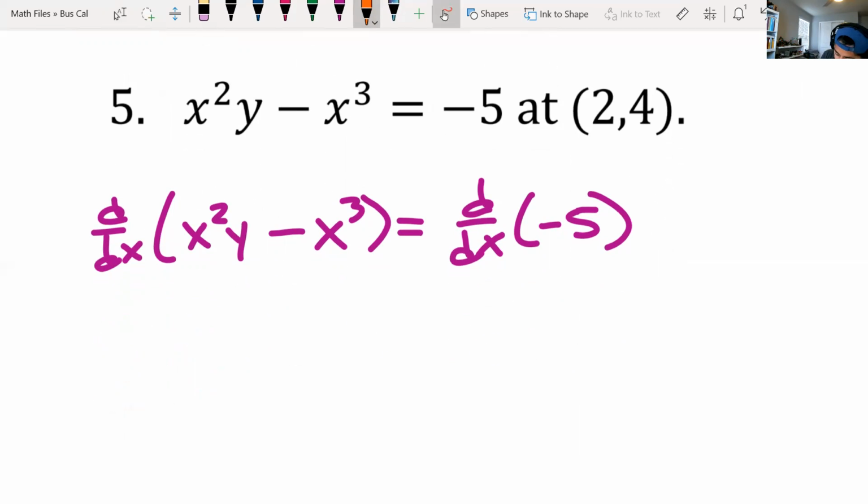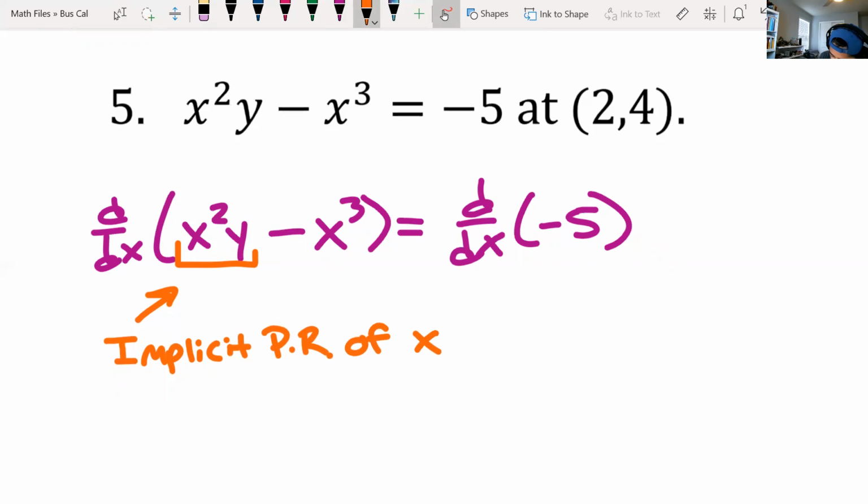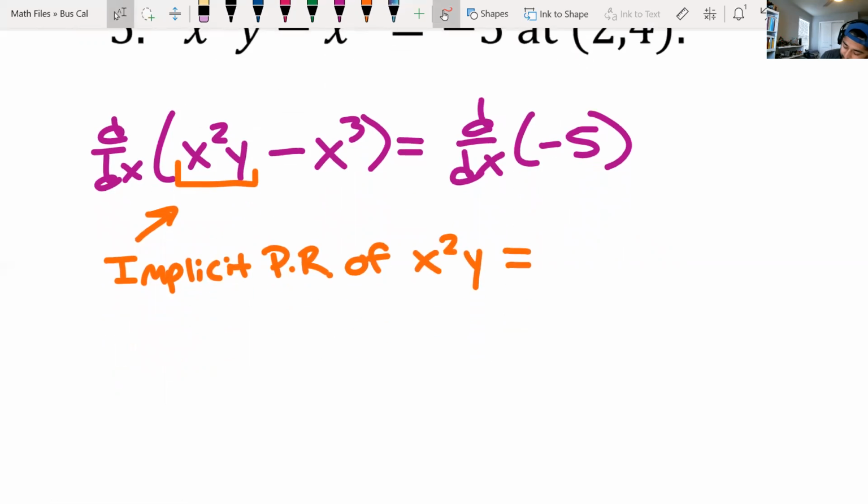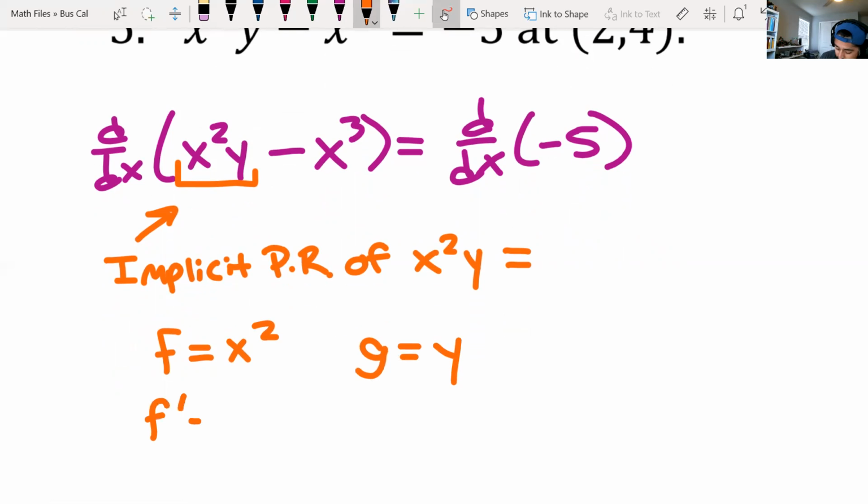So once again, this will need an implicit product rule. Okay, so this means that f will be x squared, g will be y, f prime will be 2x, and g prime will be y prime.